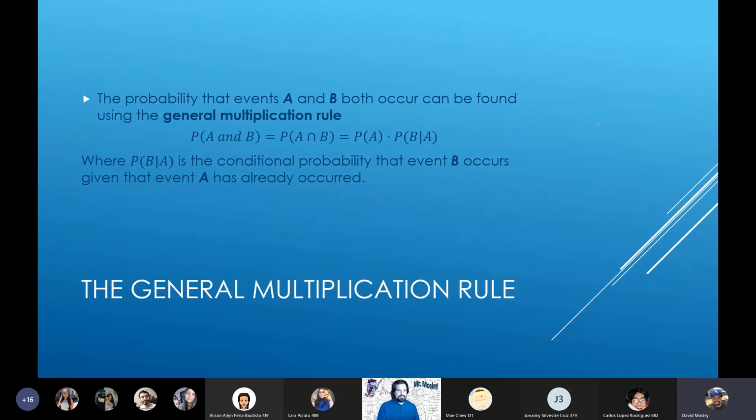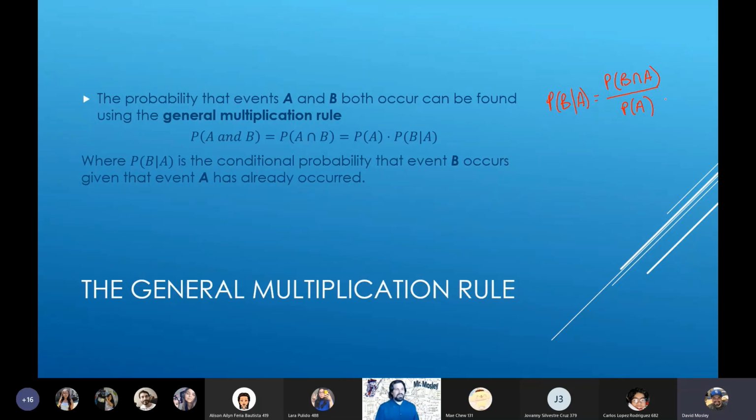Our conditional probability uses the rule that P of B given A is equal to the probability of B and A divided by the probability of A. So this is just rearranging this equation.